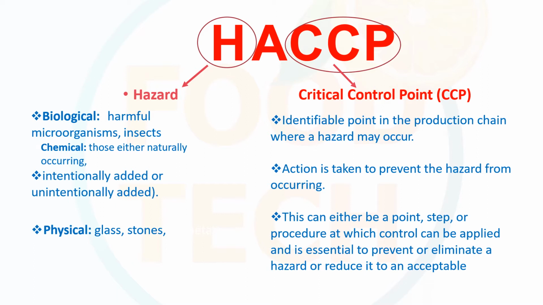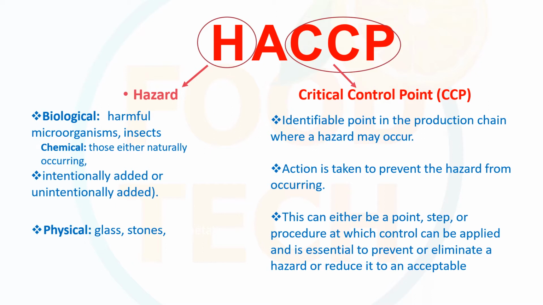Biological hazards are those which are caused by microorganisms, or anything related to microorganisms or any other organism. Chemical hazards are those mainly related to toxin formation in the food by chemical compounds which are added intentionally or unintentionally into it, like additives and all. So this comes under chemical.